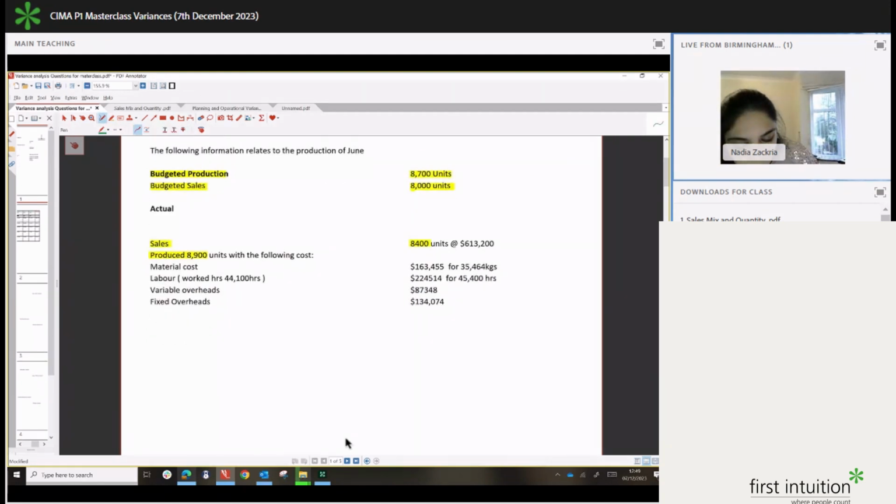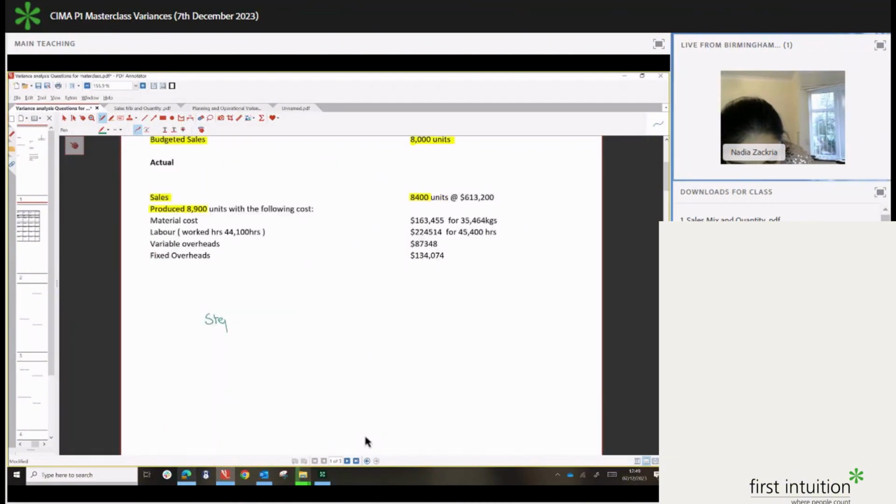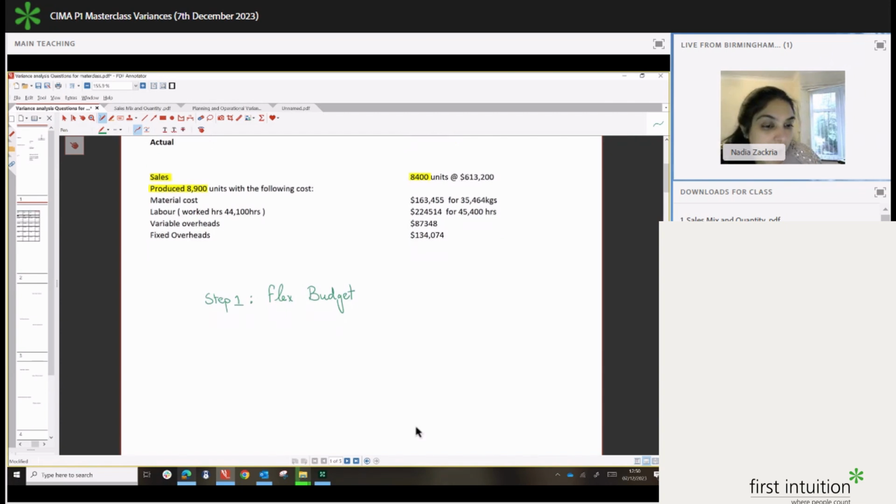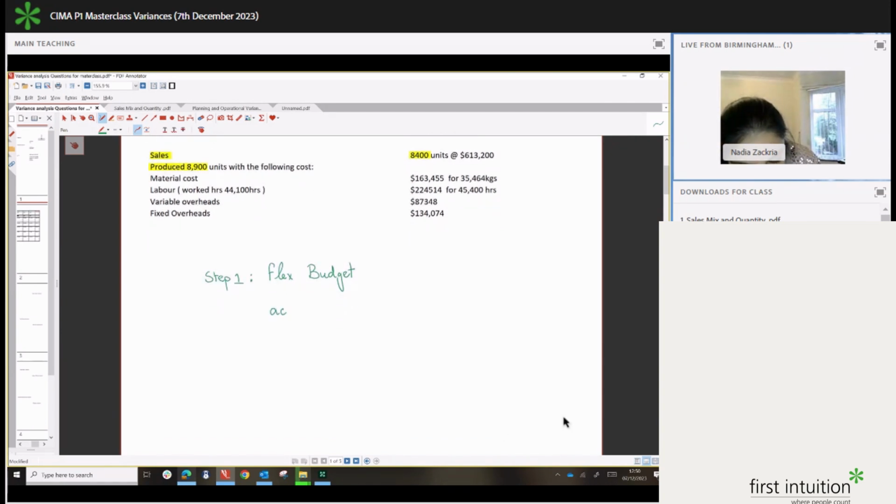What is step 1 always going to be? Step 1 will always be to flex the budget. Right? And we said flexing a budget is always going to be your actual units into the number of kgs or hours, that's your standard, into this cost per kg or per hour.